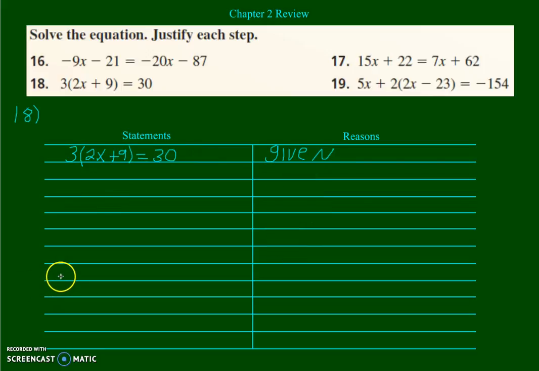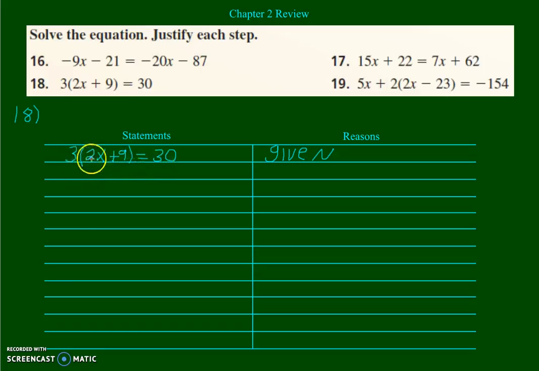Now for problem 18, we have 3 times the quantity 2x + 9 equals 30. So you might be tempted to just go ahead and distribute the 3 across. But that's kind of wasting time, because we clearly have a 30 over here, and we could divide both sides by 3 and simplify that out.